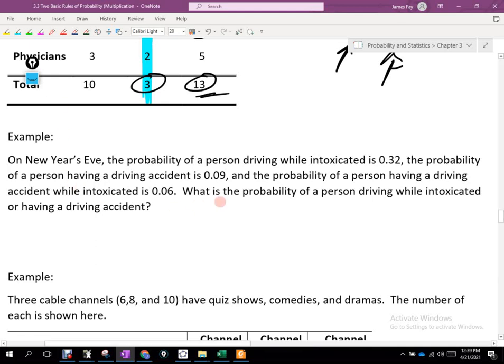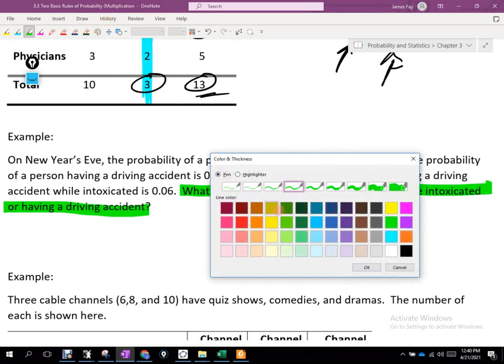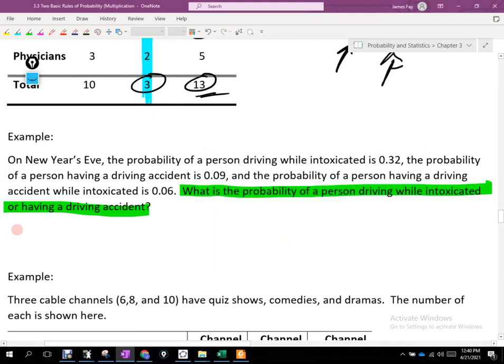So what we're going to do is target the question. Right here is the question, and that's going to tell me how I need to write my probability events. It says driving while intoxicated, so I'm going to use I for intoxicated, or having an accident.